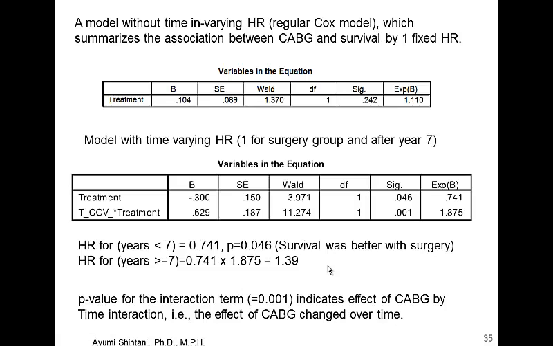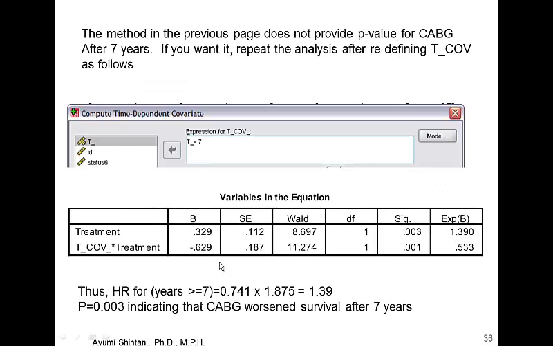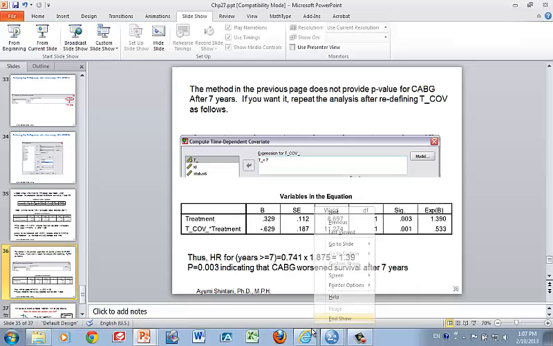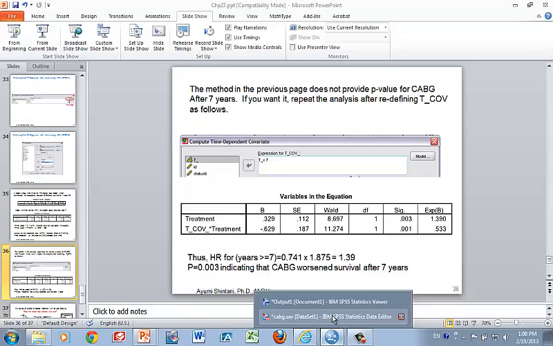If you want to compute the p-value for the hazard ratio after 7 years, my suggestion is to go back and redo this analysis, and instead of using T_ greater than 7, set it to less than 7, and then repeat the analysis. Let me do it again in SPSS.